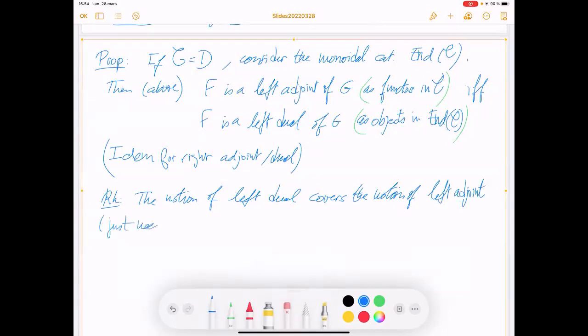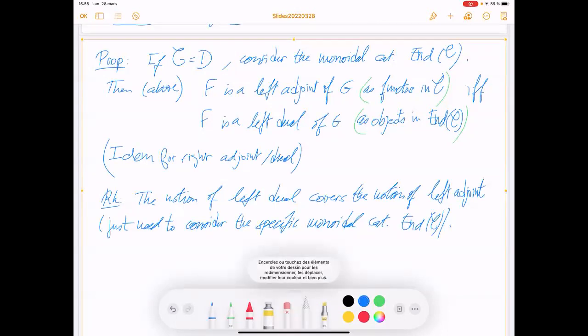We just need to consider the specific monoidal category End C. So I want to put that just after that.